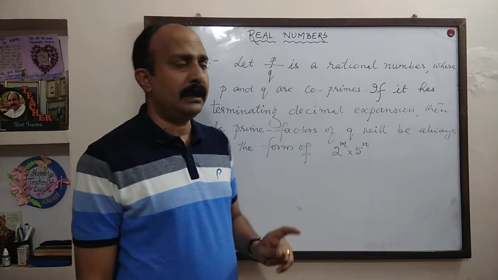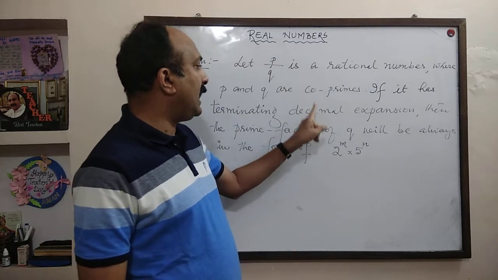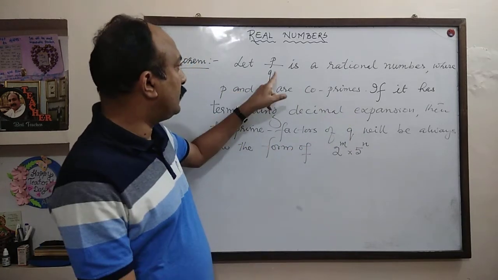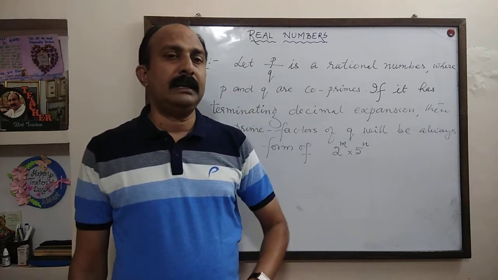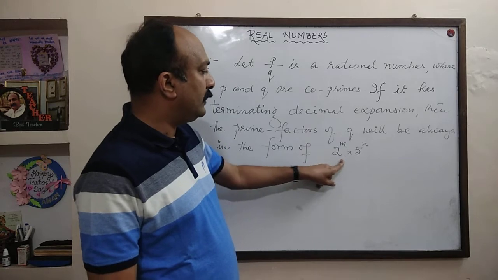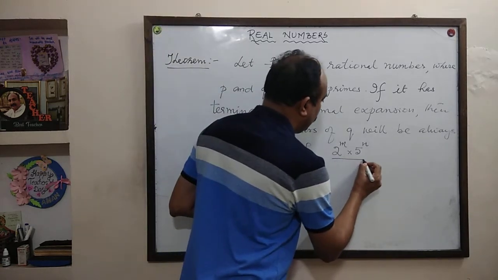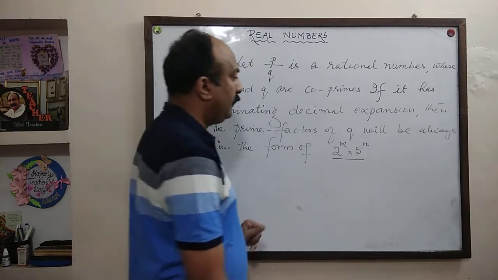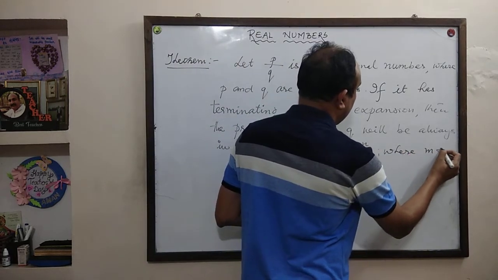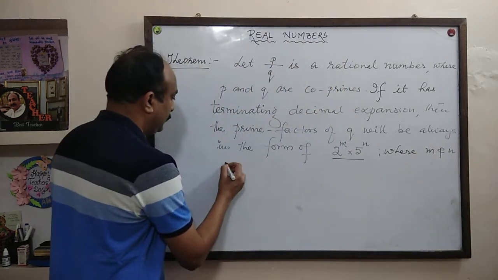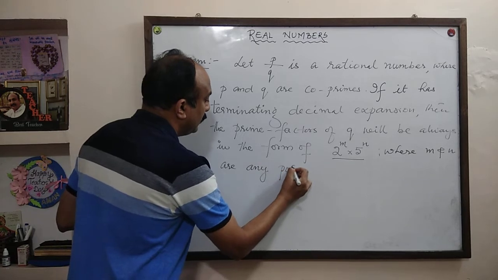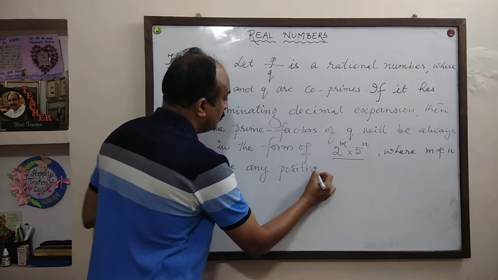See, what is the theorem? If P upon Q has terminating decimal expansion, then the prime factors of its denominator will always be in the form of 2 power m into 5 power n, where m and n are any positive integers.